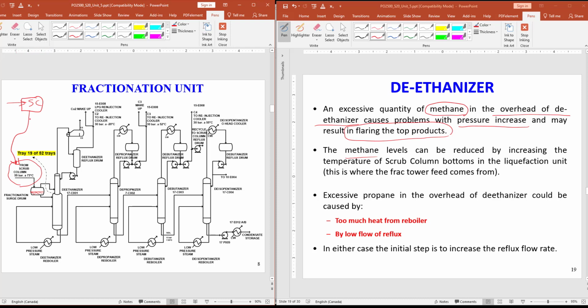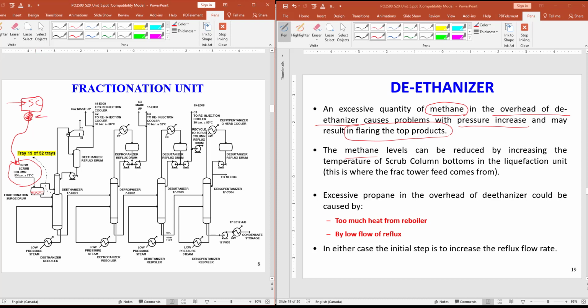This is also a kind of separator unit. So if we increase the temperature at the bottom, let's say here we have a heater that increases the temperature at the bottom, once you increase the temperature and vaporize this stream, the lighter product will be separated.